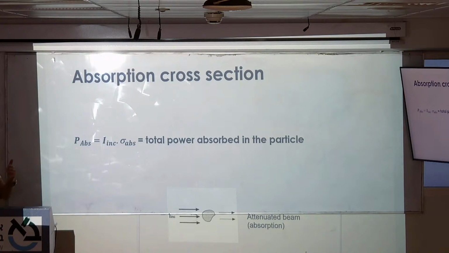So we can define that for scattering and for absorption.